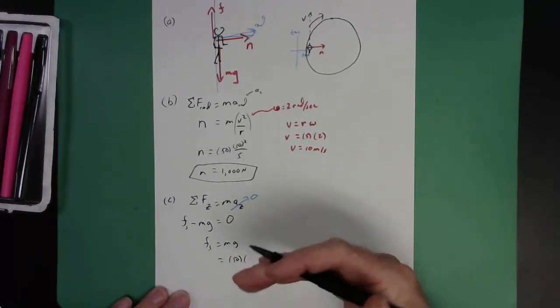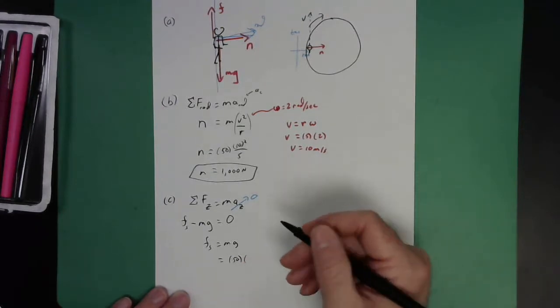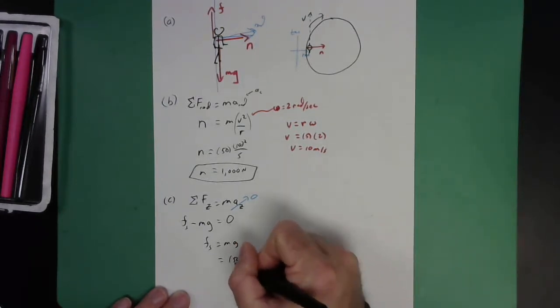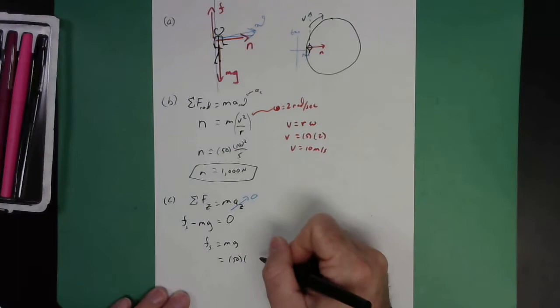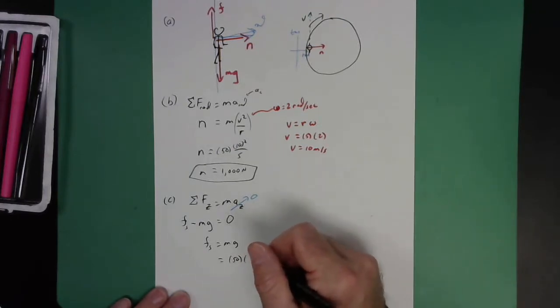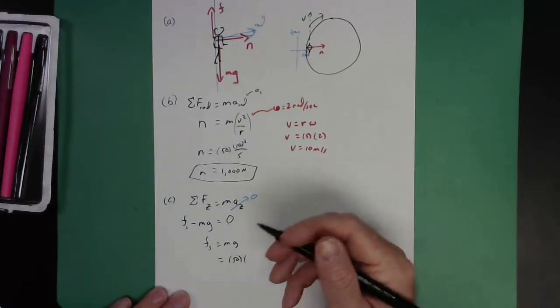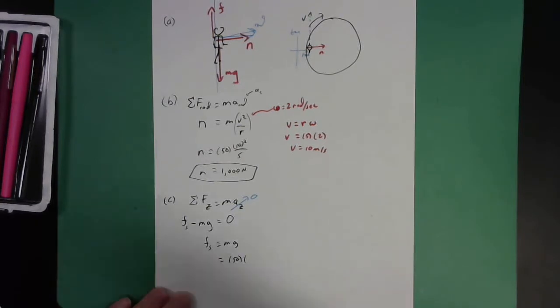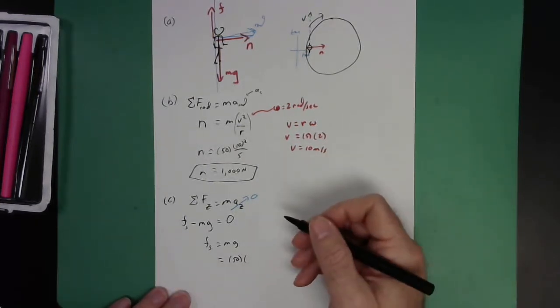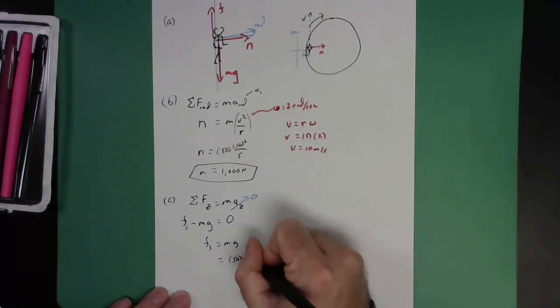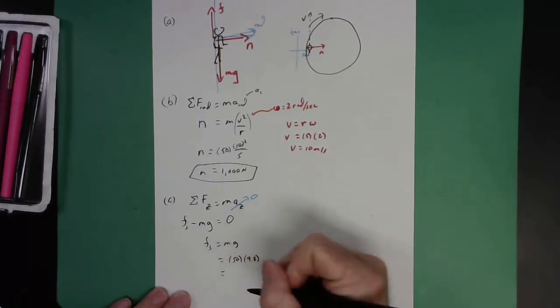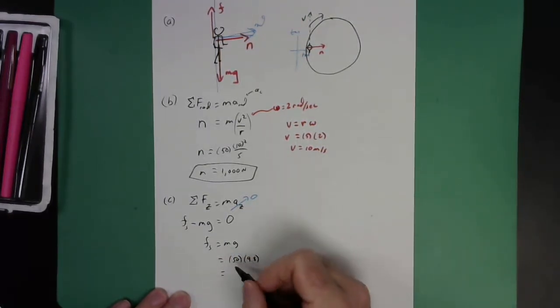Now, like I said, in the old days, they didn't give you a calculator. And so then they gave you a break. They said, you know what, we'll just let you round g off to 10 on these problems. The fact is that on the AP exam to this day, they still pretty much let you round g off to 10. Now, personally, I'm always going to use 9.8 because, you know, that's the way I am.